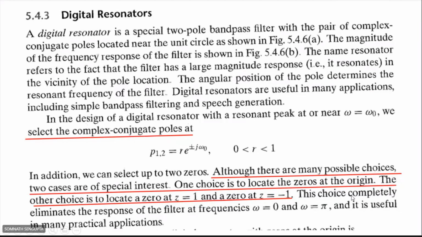Okay. z is equal to 1 मतलब वही सेम चीज है, ओमेगा इज इक्वल टू 0. तो दो एक जीरो हो जाएगा ओरिजिन में, और एक जीरो हो जाएगा z इज इक्वल टू 1 पे, और एक जीरो हो सकता है -1 पे, मतलब हाई फ्रीक्वेंसी में जहाँ पे गेन 0 होगा. तो ये 3 जीरो होना ही चाहिए, z इज इक्वल टू -1.